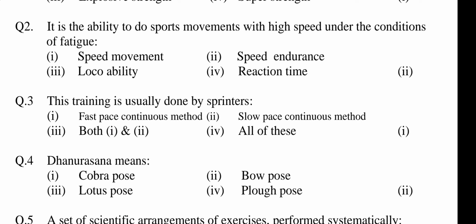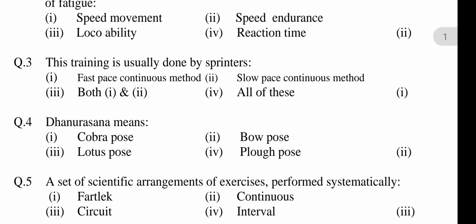Question number 3. This training is usually done by sprinters. Option first, fast pace continuous method. Second, slow pace continuous method. Third, both first and second. Fourth, all of these. Answer is option first, fast pace continuous method.